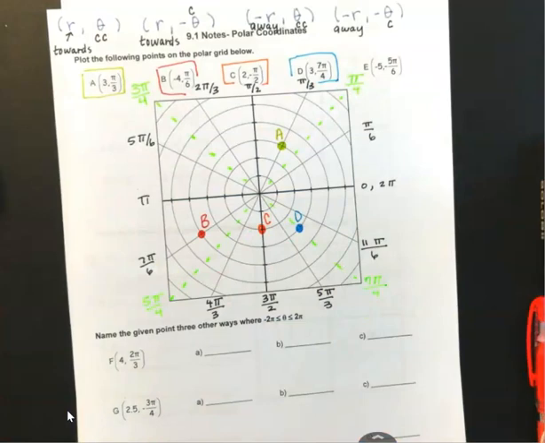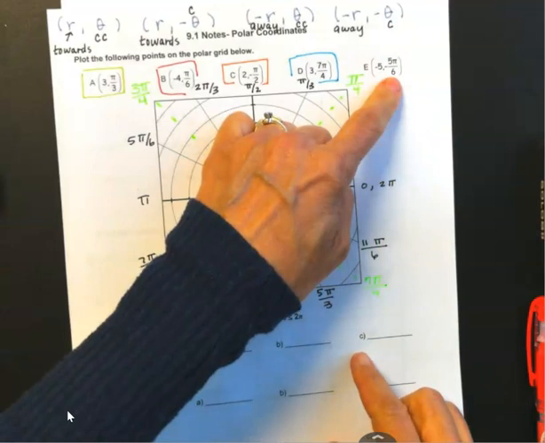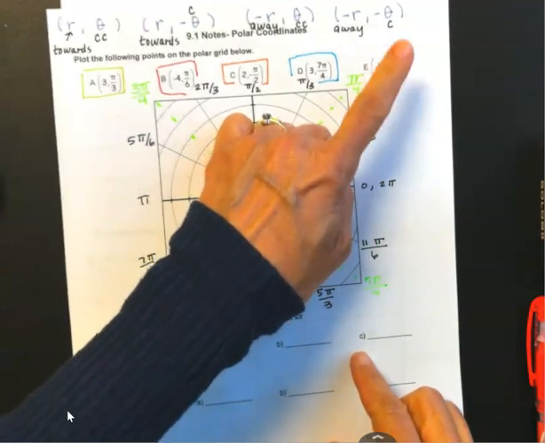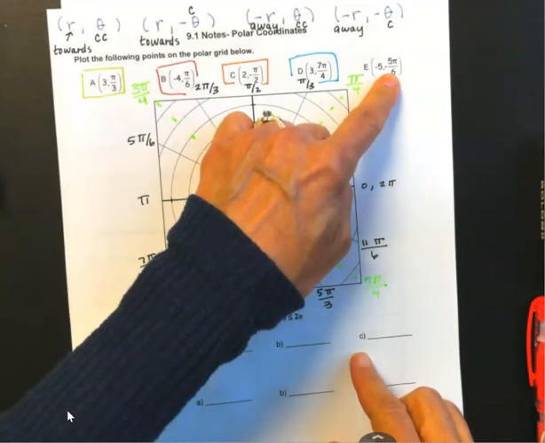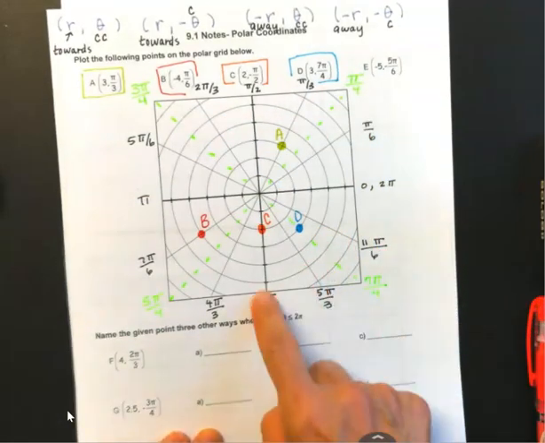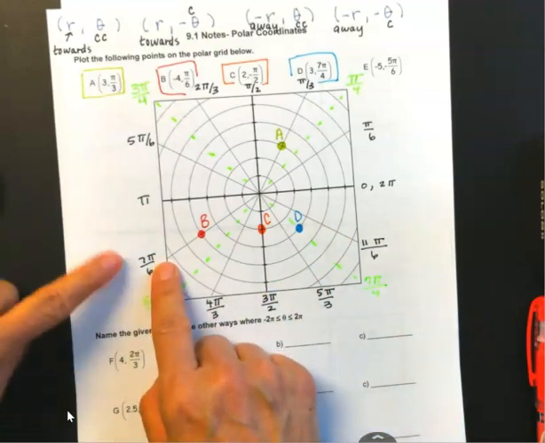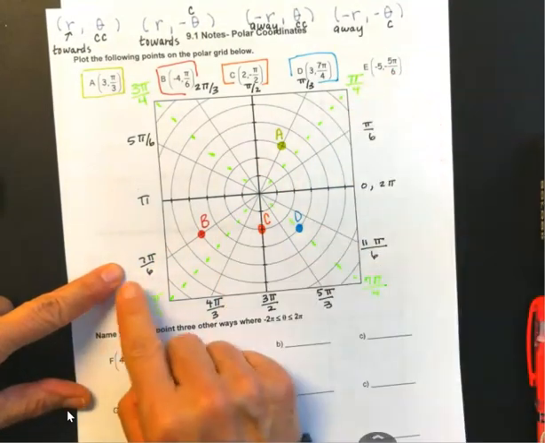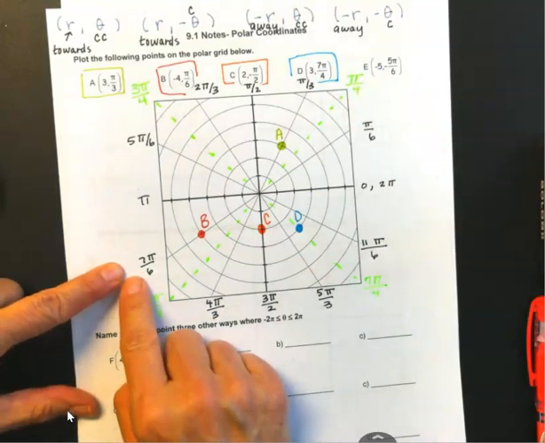All right, the last one is going to be letter E. They're both negatives. So let's go ahead and count clockwise 5 times. 1 over 6, 2 over 6, 3 over 6, 4 over 6, 5 over 6. So negative 5 pi over 6 is right here.